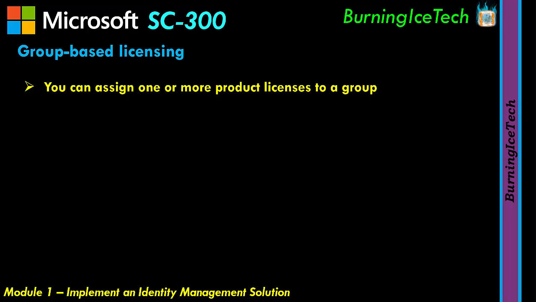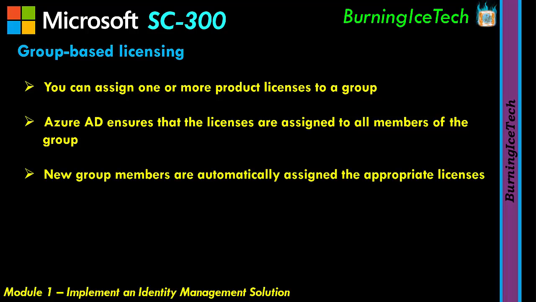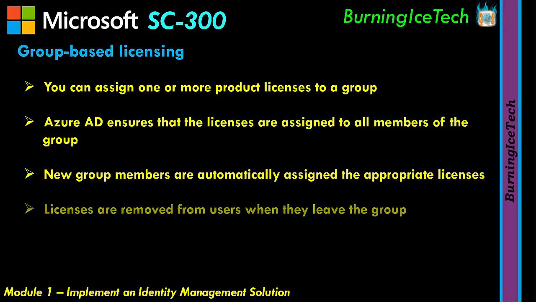Azure Active Directory or Entra ID ensures that the licenses are assigned to all members of the group. So why work harder when you can work smarter, folks? New group members will then automatically be assigned the appropriate licenses. How about them apples? Licenses are removed from users when they leave the group.